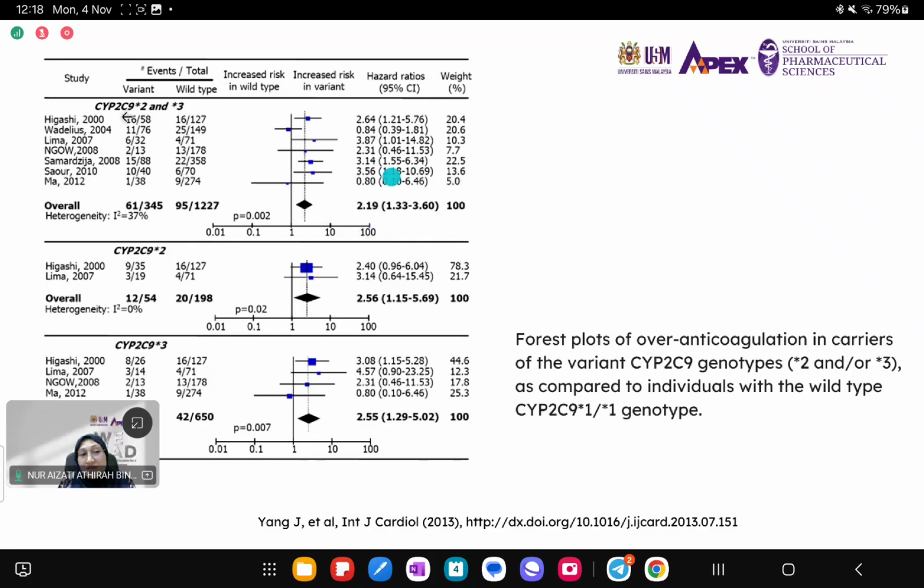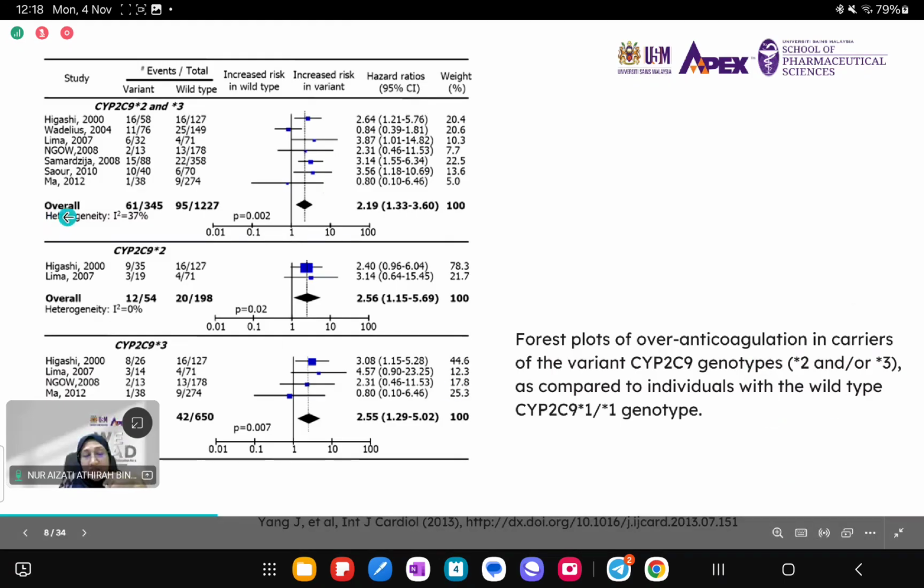It means if the patient has *2 and *3 of CYP2C9, the patient is 2.19 times more likely to develop bleeding. This is the forest plot for the hazard ratio of bleeding tendency if the patient has this genetic variation.